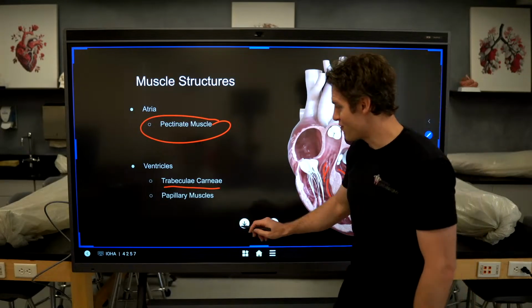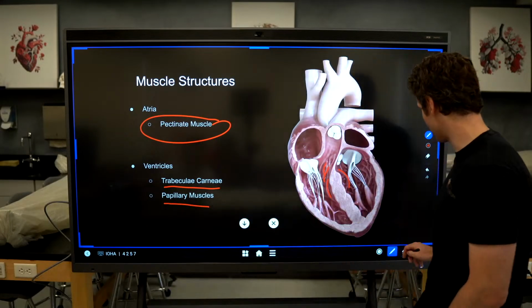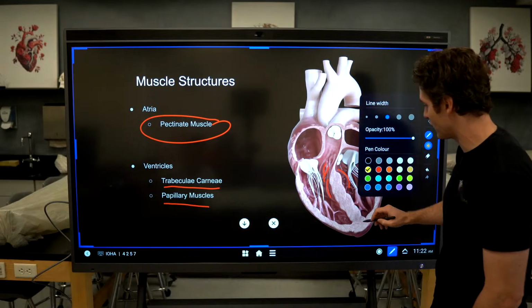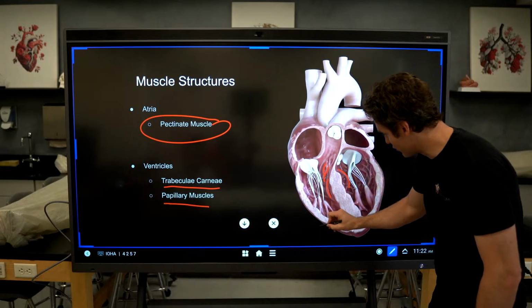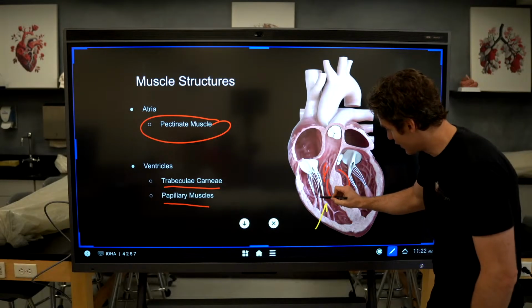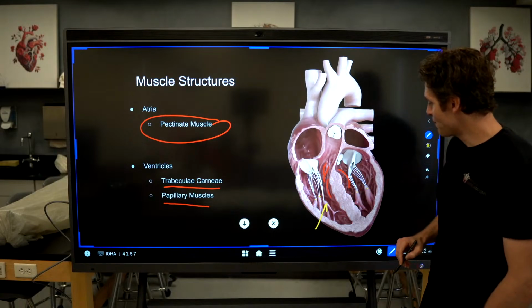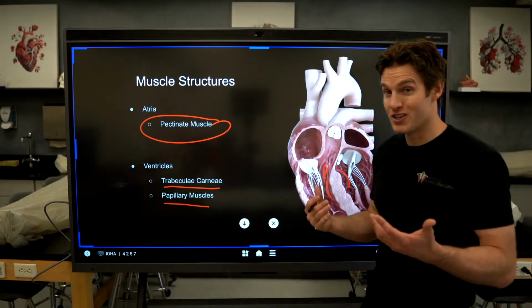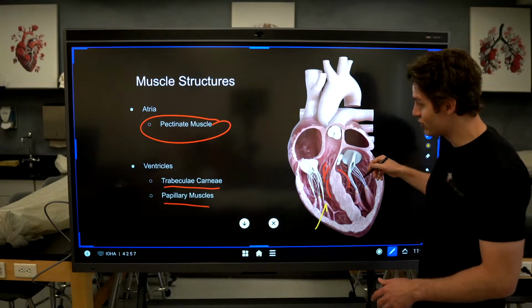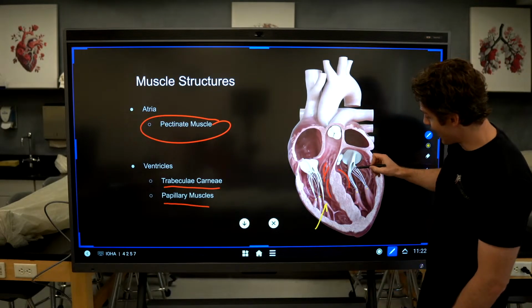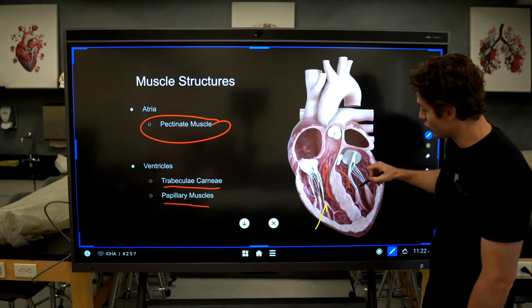Now, some of my favorites are these papillary muscles. Maybe I'll change the color on you so you can see them a little bit better. I'm going to show the papillary muscle in yellow here. These little structures here, and I'll put some dots on them right there so you can see them. Papillary refers to nipple, and these are extensions of the trabeculae carneae, and these attach to these cool little cords called the chordae tendineae.